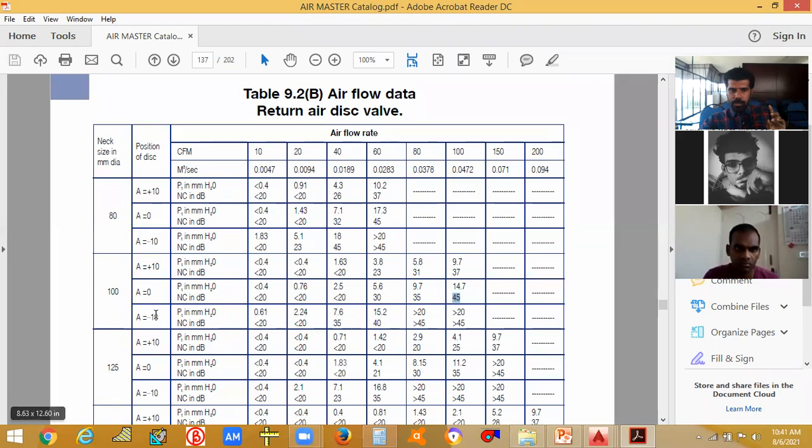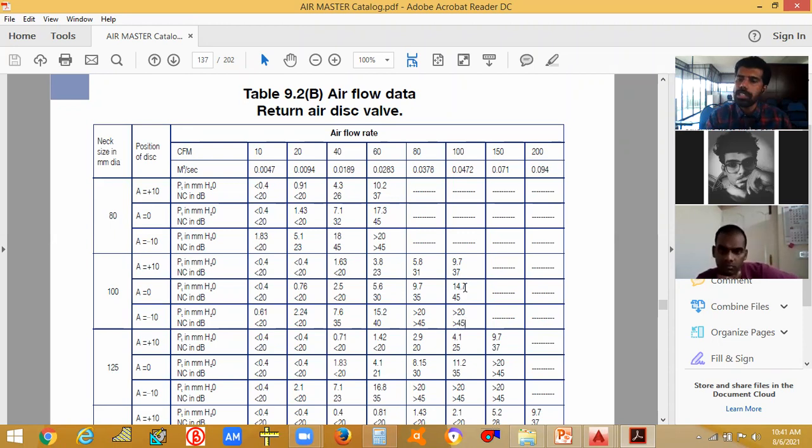If A is minus 10, it will be greater than 45. Mainly we have to make sure the NC, the noise criteria, the maximum should be 35. It goes beyond 35: you got the values 37, 45, greater than 45.